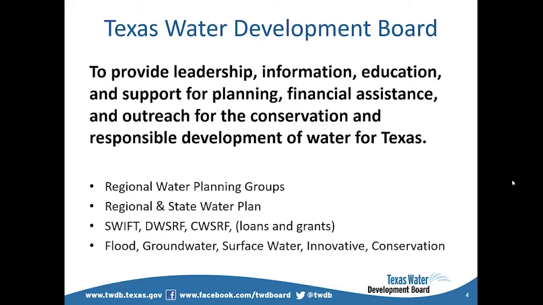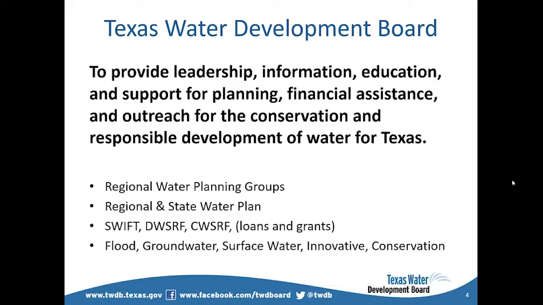There's the mission statement of the board there. We do more than just water loss auditing. We are a resource agency, basically. Unlike some other agencies which might be regulatory, we provide resources to water and wastewater utilities in the state as well as the public. One of the most important parts of our job here is supporting the regional water planning groups in Texas.